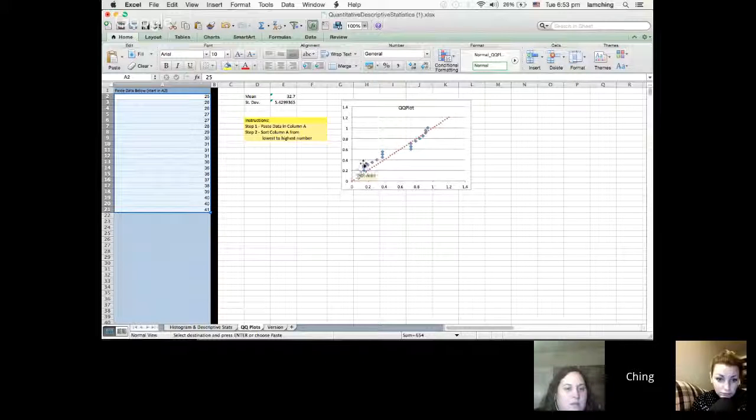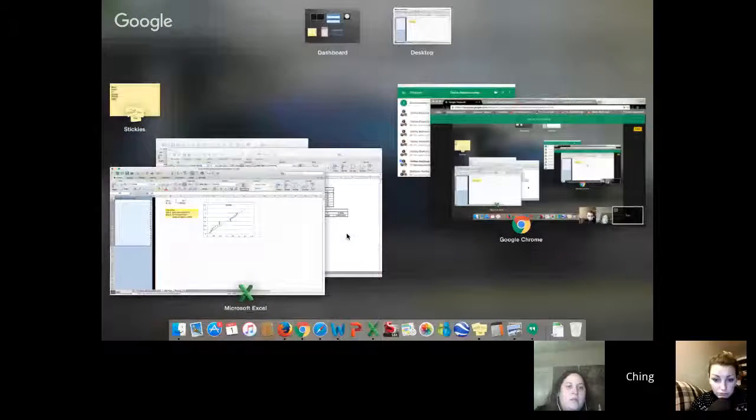So is it considered not normal then? I don't know. I guess that one wouldn't be normal, but for the most part, the data is normal, even though there's that little curve on the bottom part of it.